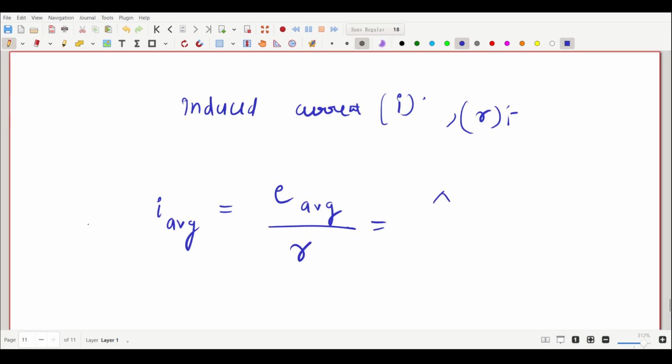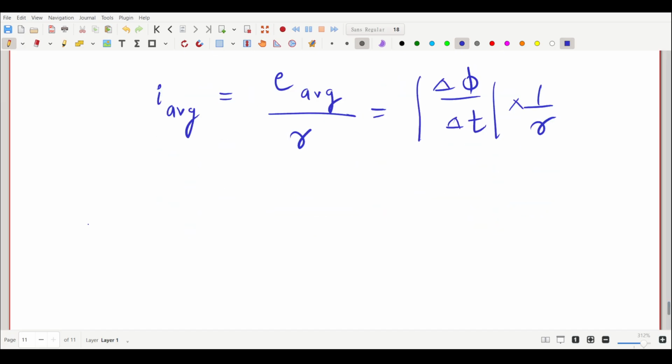E average is delta phi over delta t, which gives us times inverse R. This was the formula of I average, delta phi over delta t times 1 over R. I instantaneous in the same way will be d phi over dt times 1 over R.